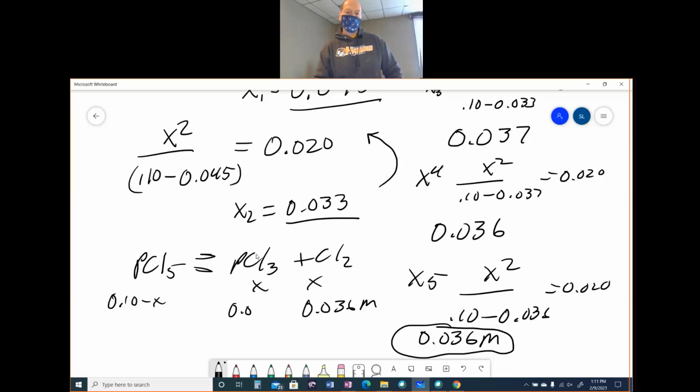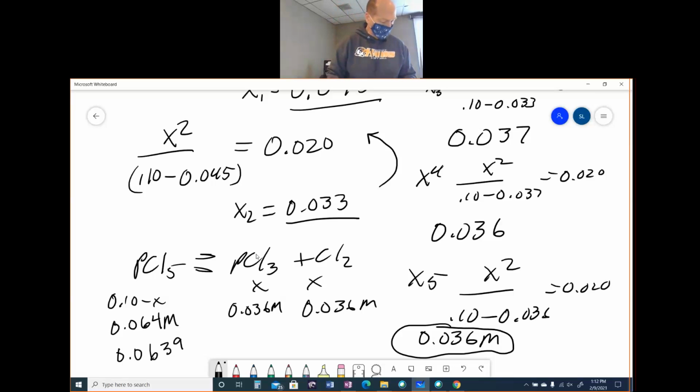You had your 0.036 molar for PCl3, and you had your 0.064 to 2 sig figs for your concentration of PCl5. Our answer last time, it had it as 0.0639. However, your K value just had 49, not 49.0. And so we should have given it to 2 decimals, and it would be exactly the same.